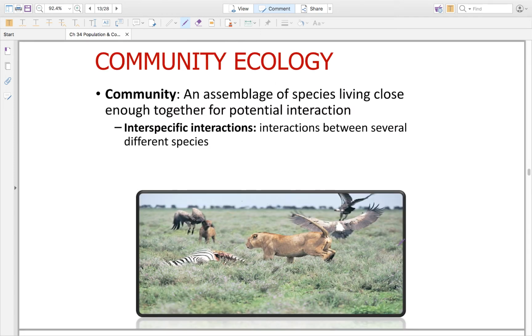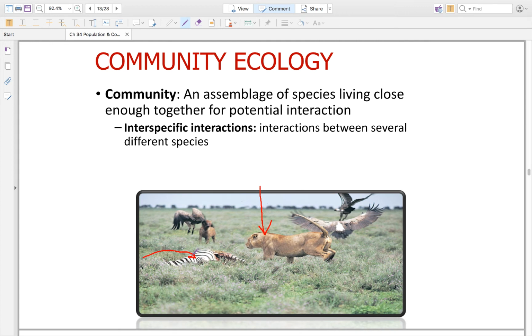Okay, the next topic is community ecology. Now remember, a community is all of the populations in that area and how they interact with one another. So this picture is showing quite a bit. There is a lioness and there's her prey.